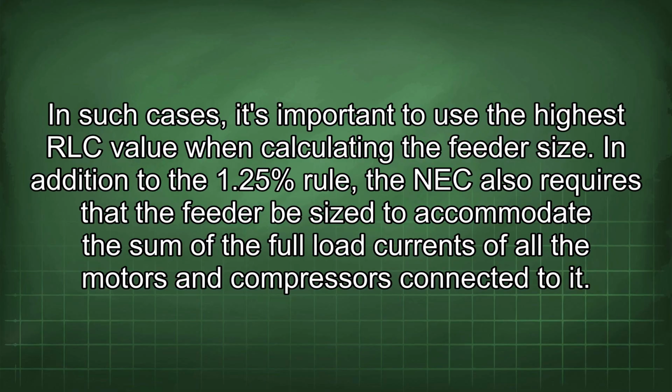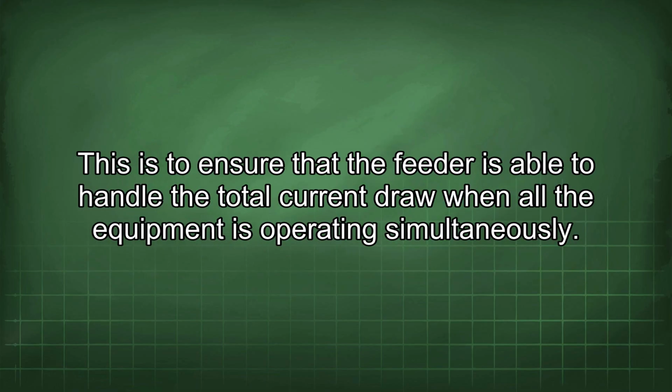In addition to the 1.25% rule, the NEC also requires that the feeder be sized to accommodate the sum of the full load currents of all the motors and compressors connected to it. This is to ensure that the feeder is able to handle the total current draw when all the equipment is operating simultaneously.